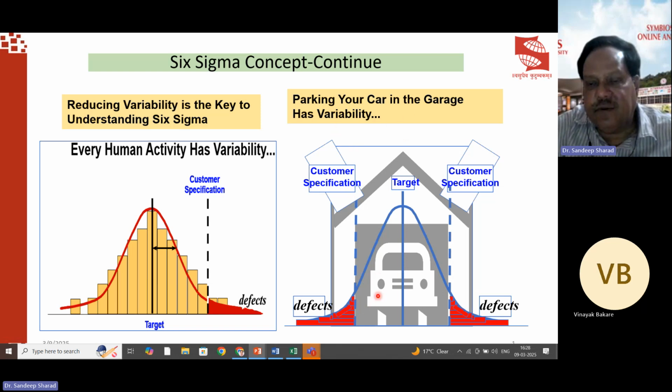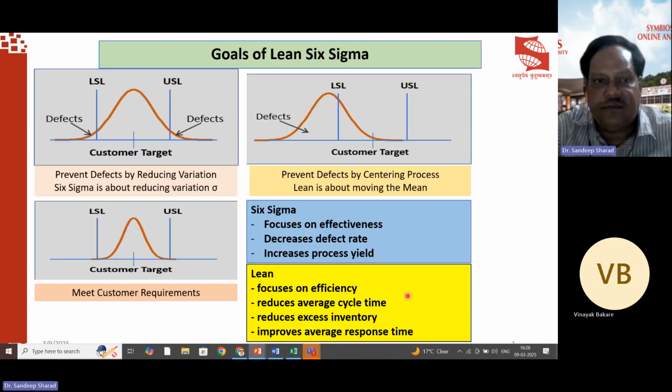However, we are parking the car within the specified lines, which we consider as the customer's specifications. Defects will be beyond that. This is the customer's specification, and our specifications will be within that range of car parking. That is the manufacturing range, or the servicing range.